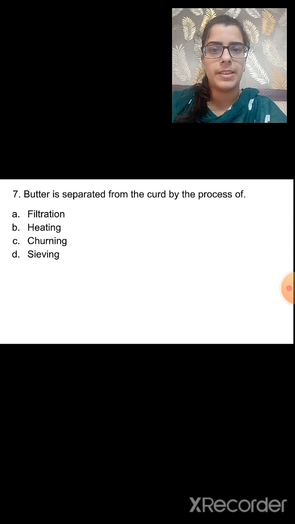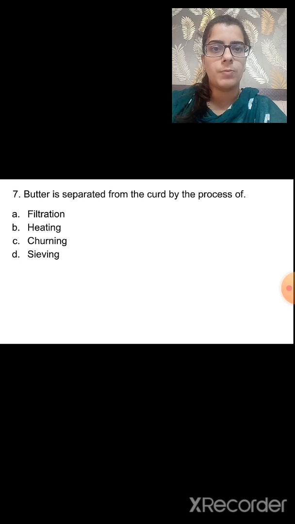Now question number 7. Butter is separated from the curd by the process of. So how is butter separated from the curd? Options are A. Filtration, B. Heating, C. Churning, and D. Sieving. So which method is used for the separation of butter from the curd?